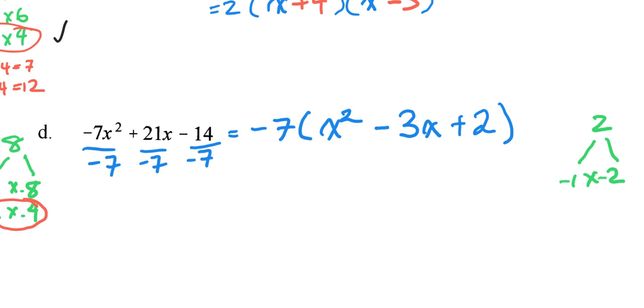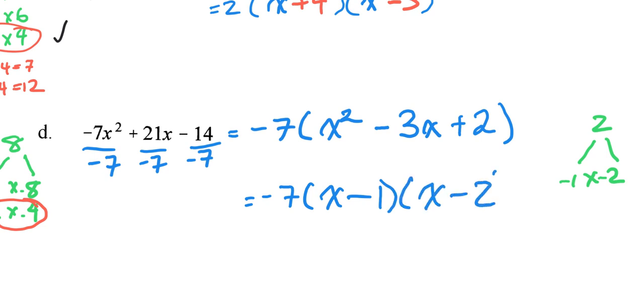We got to have -1 and -2. We'll add to -3, but -1 times -2 gives us +2. So our final answer is going to be -7 times (x minus 1) times (x minus 2).